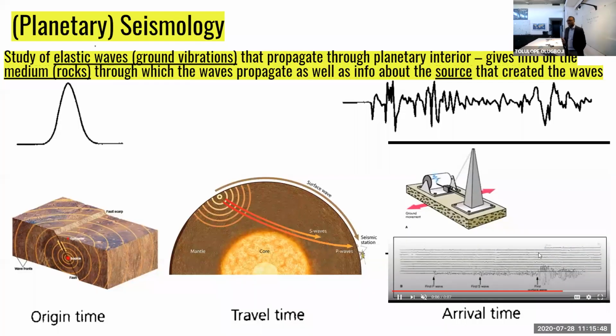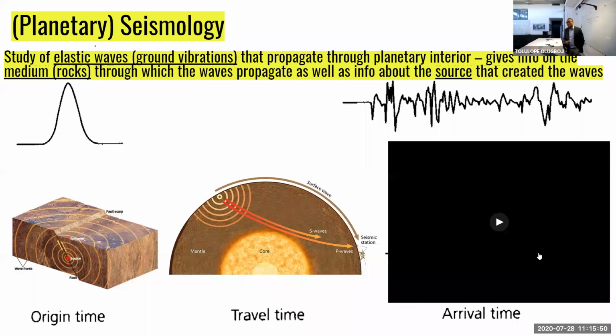And by inferring the travel time, or the arrival time information of these waves, you can say something about the medium and the rocks through which they propagate. In this lecture, we'll learn how we can glean a lot of information about the sources and the medium from focusing on the polarization. Okay, so let's move ahead.